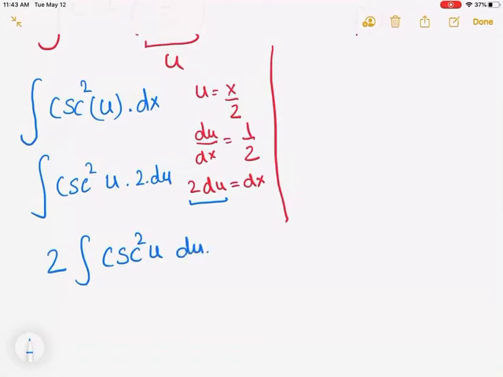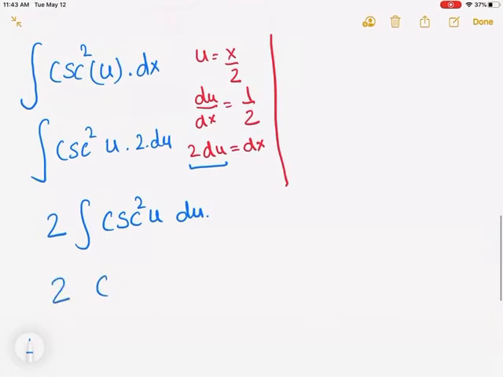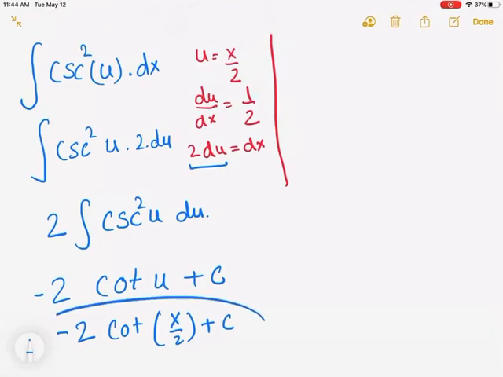And we do have a rule for cosecant square, which is equal to negative cotangent. So I'm going to put the negative with this too. So it's negative cotangent u plus c. Finally, I would substitute u with the original expression, which is x over 2, plus c. All right, so that's how we do it by u substitution.